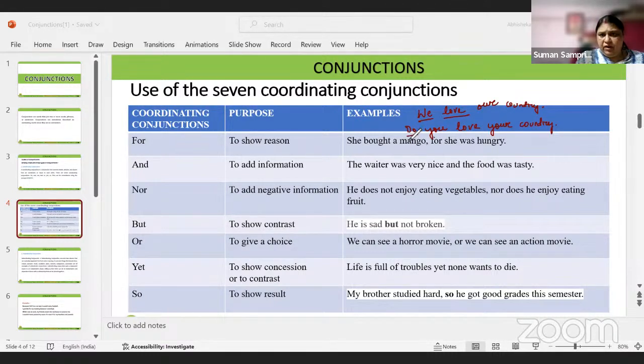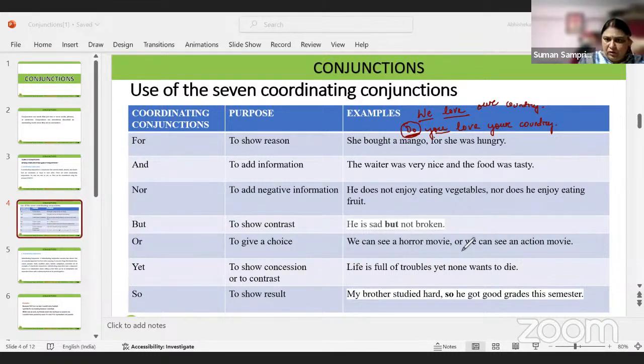This is called an inversion because we are writing the verb first and then the subject. Inverted commas was an example. Inverted commas means ulta commas, right? So this is what is called an inversion.